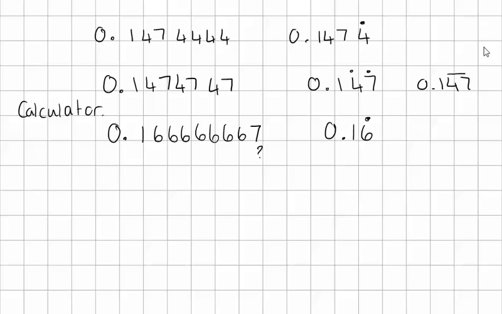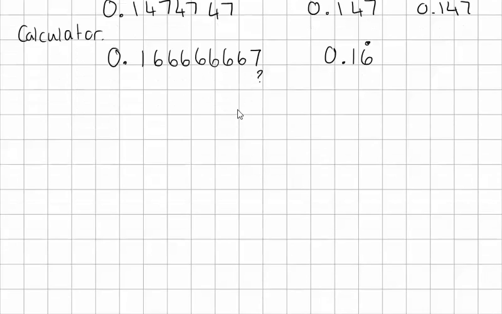Because it is bigger than 5. So it has done a rounding. The calculator has rounded the number because it can only get so many figures on, and it wants you to know that the next one is bigger than a 5. So it puts a 7, but that does mean you have to interpret what a calculator says.